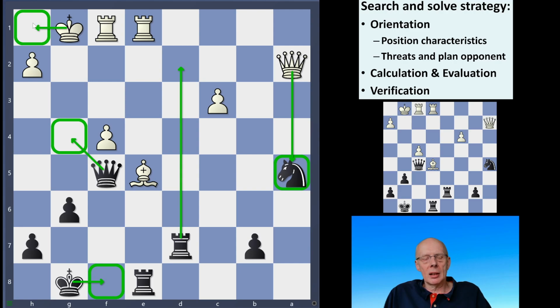So you look at checks and captures. And if the king is on f8, suddenly white has a check. Can you find a check? I mean, there are several checks, but there's one that allows white to coordinate their pieces. And can you find how white can organize a defense after king f8?